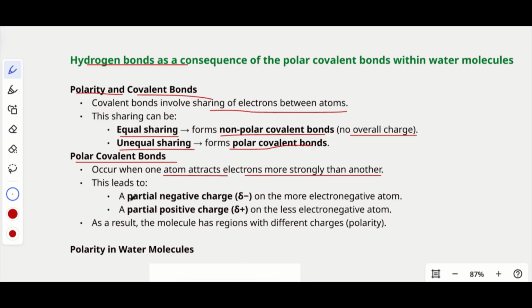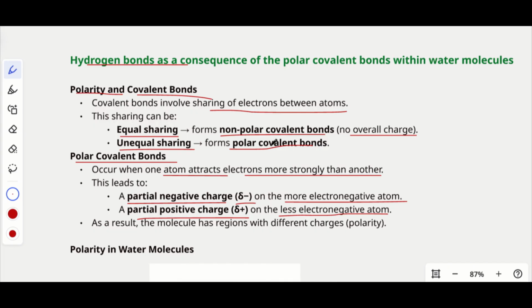This leads to a partial negative charge, that is delta negative. The atom with the higher electron density, the more electronegative atom, gets a partial negative charge. The atom with a lower electron density, the less electronegative atom, gets a partial positive charge.